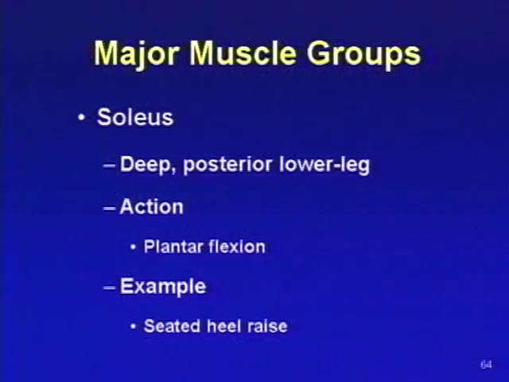For example, in a sitting position with a knee flexed, if an individual performs plantar flexion, the soleus will be performing most of the action. The gastrocnemius is in a position where it has a disadvantageous line of pull. Therefore, an exercise example that works the soleus is a seated heel raise.